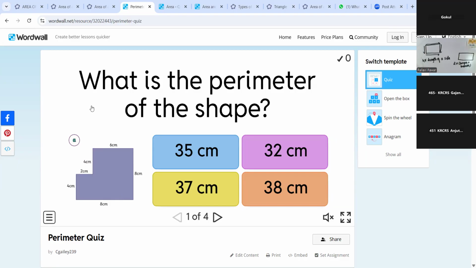Add and tell me what is the answer. Option A is 35, option B is 32, option C is 37, option D is 38. Can you tell me which is the correct answer? Add all the sides given and then tell me. Here is the picture. Tell me what is the right answer. Anybody can unmute yourself.